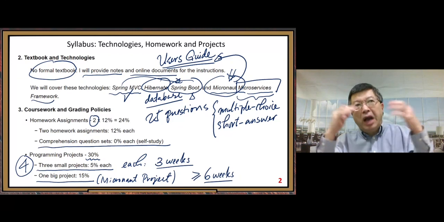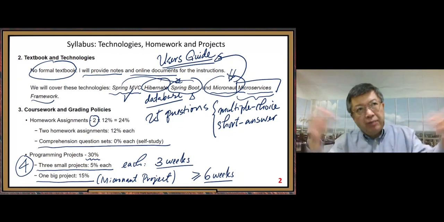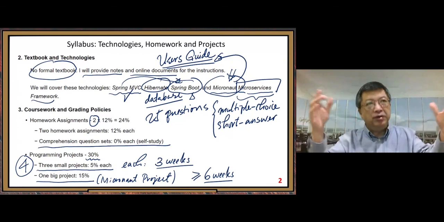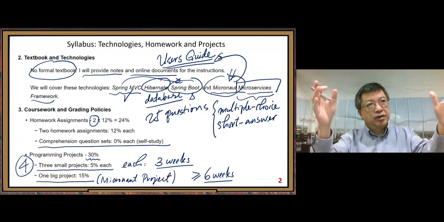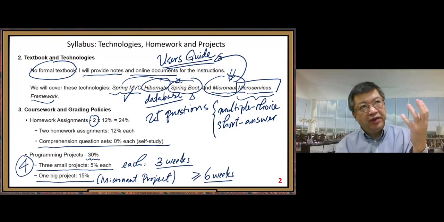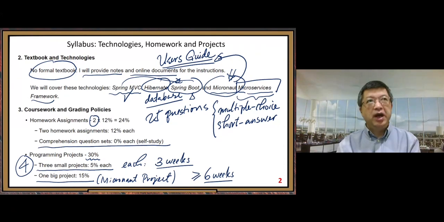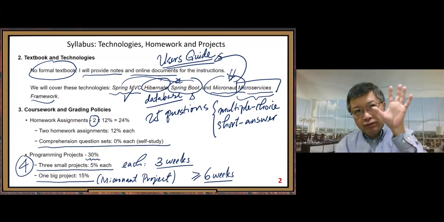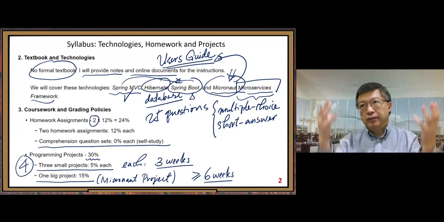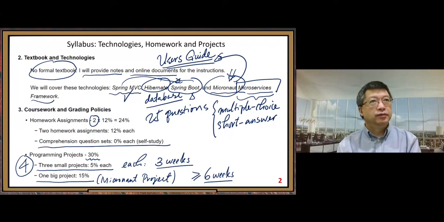I will give you a lot of instructions, a lot of examples, explanations, and discussions to help you complete this big project, the most important project of this class. If you can get it done, then we will learn a lot of things from this class.